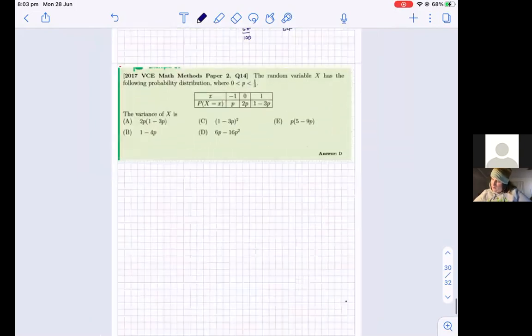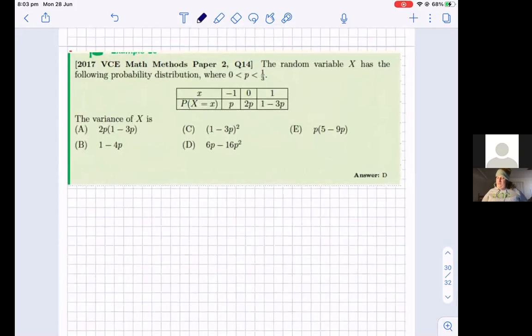Anyway, this one, the variance. Now I'm going to have to look up the formula. I can never remember it. Hopefully you can.